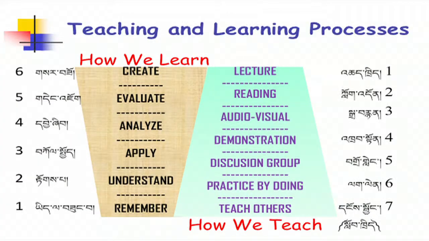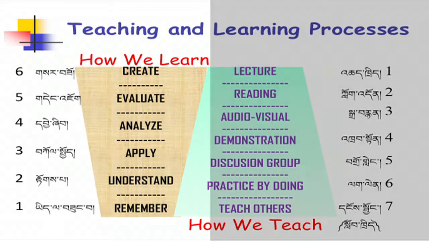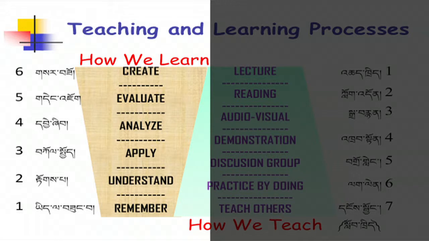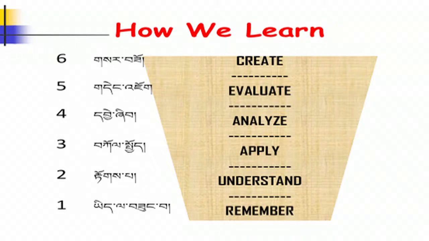Thank you. These two diagrams show the process of teaching and learning. The first section explains how we learn. We begin by remembering information and progress until we can create a product. Therefore, we should plan lessons that allow students to reach the level of creative thinking.